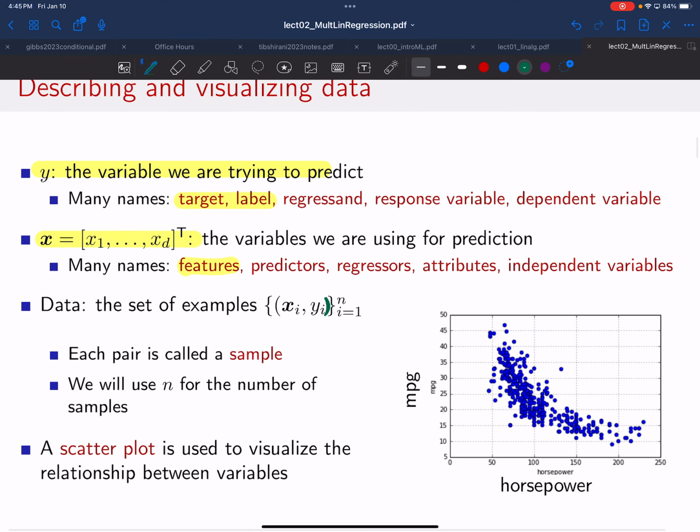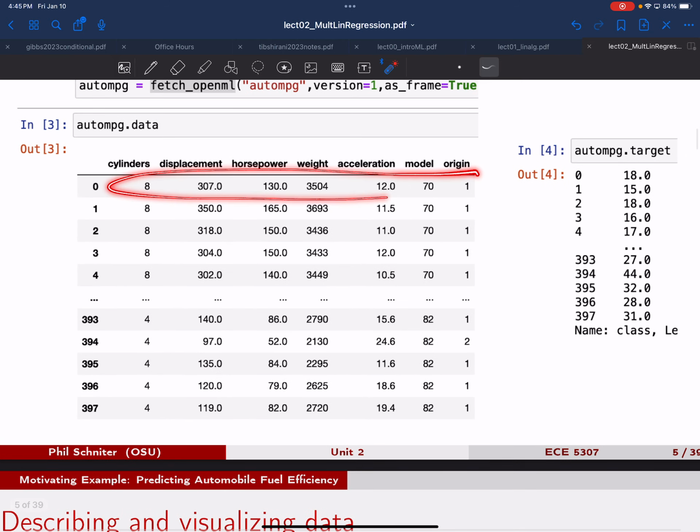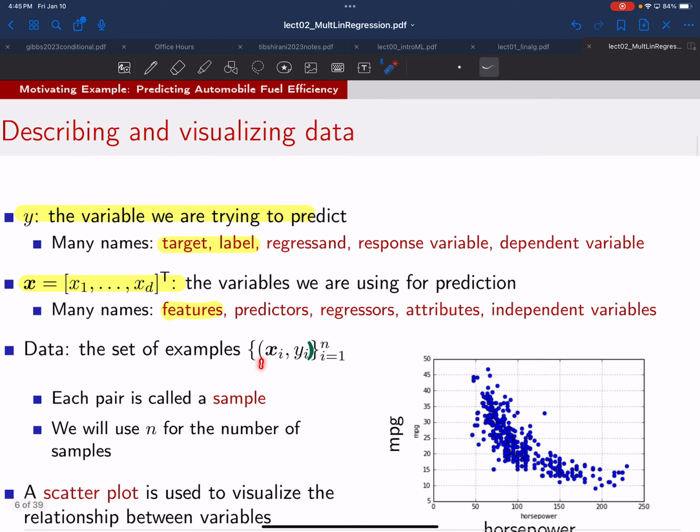If you consider pairs of examples of x and y, like here's an example of x and the corresponding y, you can think of those as a pair. And then imagine you have a collection of n of those pairs, like we have 398 of them.